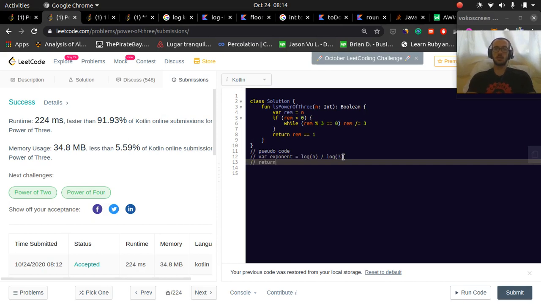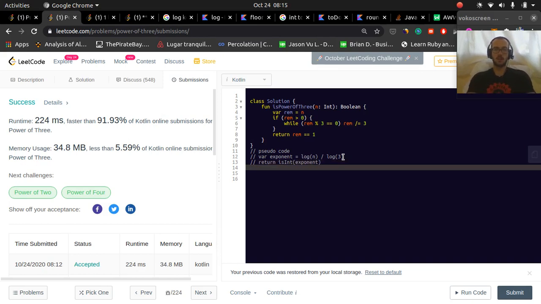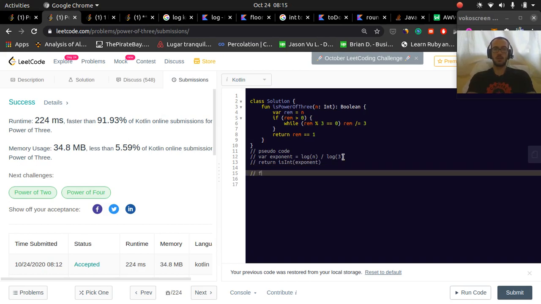And we'll return is int exponent. So we'll make a function to figure out whether this is an integer or not. And then what's our is int going to look like? Fun is int. So this will take x, which is a double, and we'll return a Boolean.